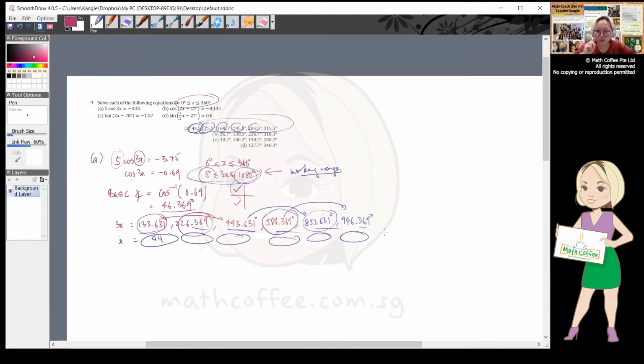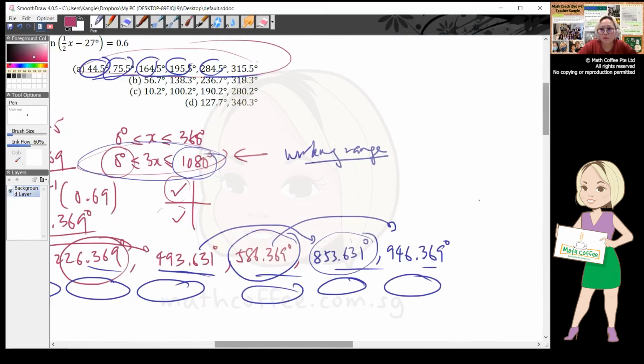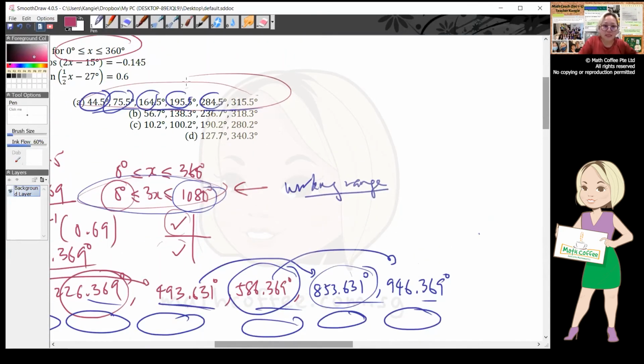Now let's do the backwards. Remember just now we did cosine 3x is negative 0.69. What you're trying to do, you're trying to find out what x value will make this equation true. So let's take, for example, one of my answers, 195.5. This is my x, correct?